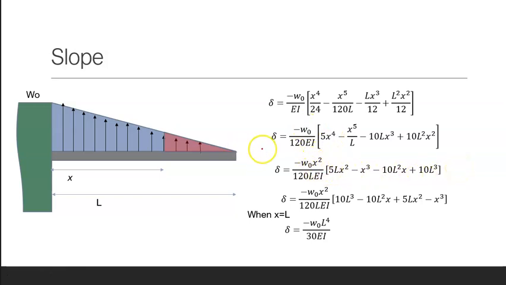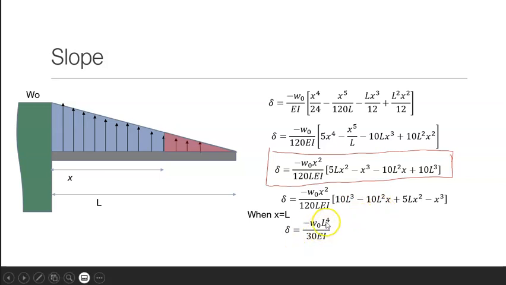So that is the deflection at any point along the beam. The deflection is at its maximum when x is equal to L. So when I put L in there, I get the deflection is equal to minus W naught L to the power 4 all over 30 EI. Okay, I hope you find that useful.